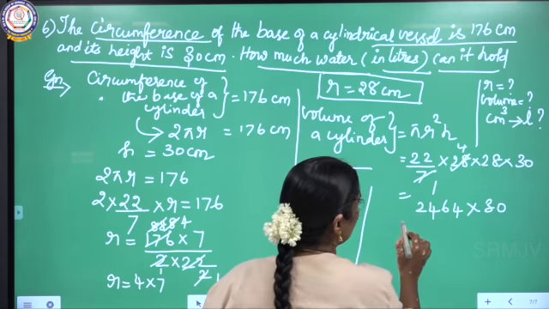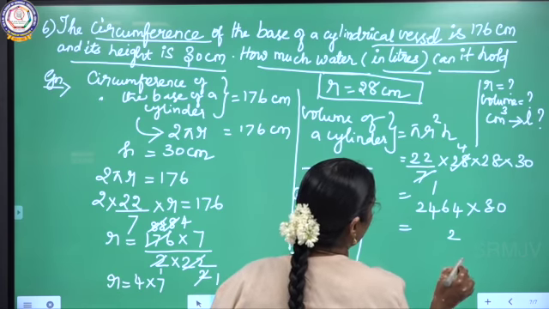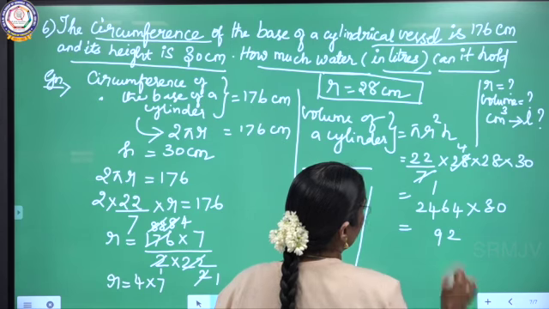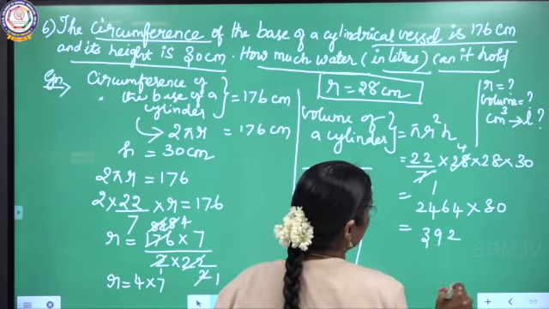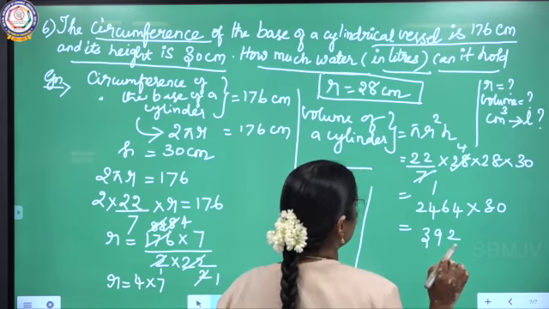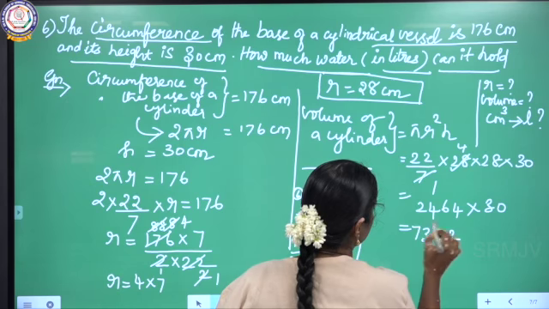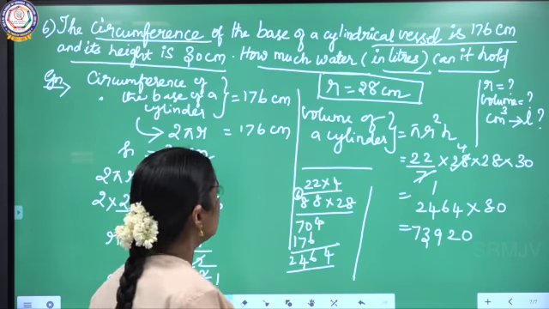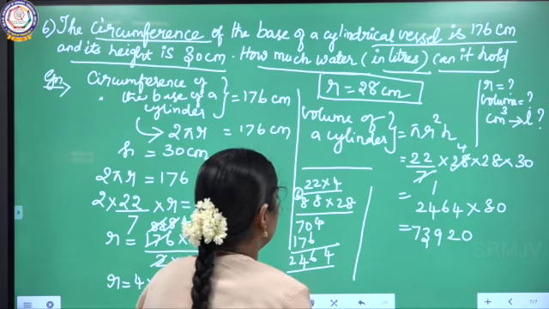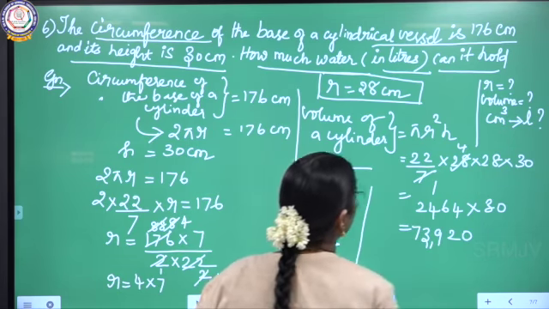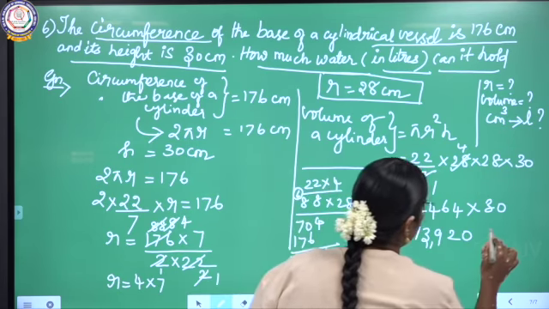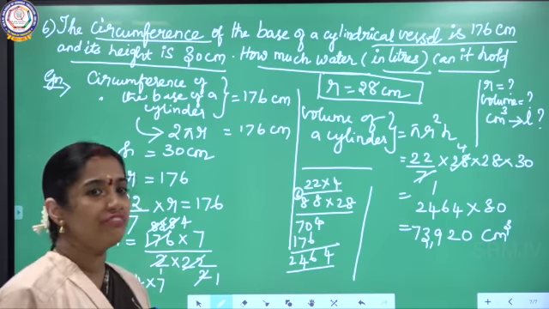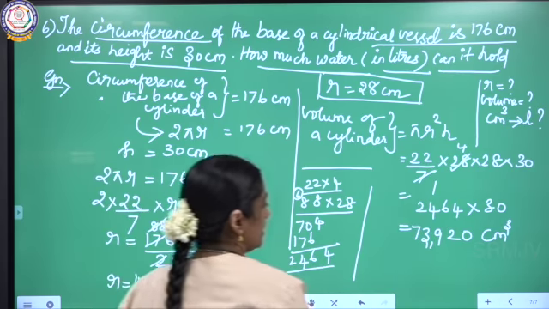Now listen, when you multiply, 4 threes are 12, balance 1, 6 threes are 18, balance 1, 19, 1. 4 threes are 12, 13, balance 1, 3 twos are 6. 6 plus 1 is what? 7. So finally you get the volume of cylinder, which is 73,920 centimeter cube. This is your volume of a cylinder.